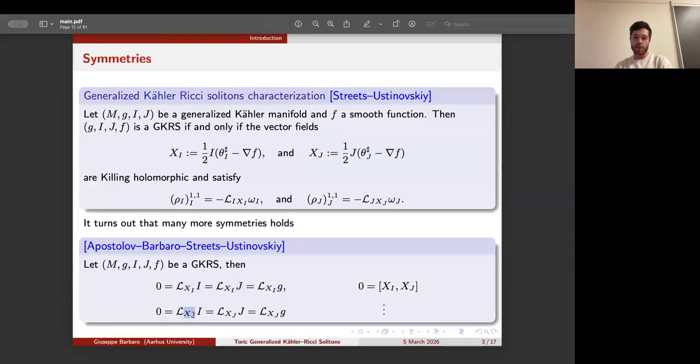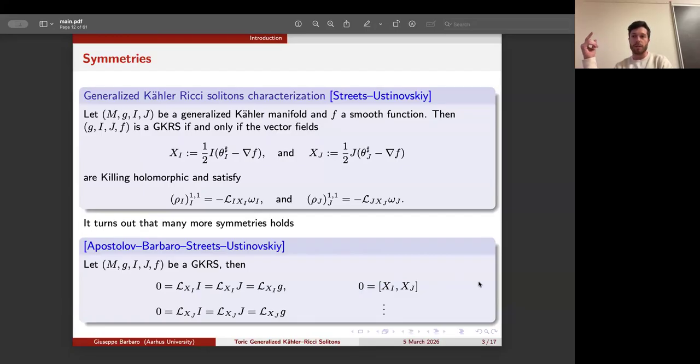And the same for xj. So both of them preserve all the structure. They are also commuting. And there are also some other properties, but these are the ones that we need. So they preserve all the structure and are commuting. So you see that we have this abelian symmetry.